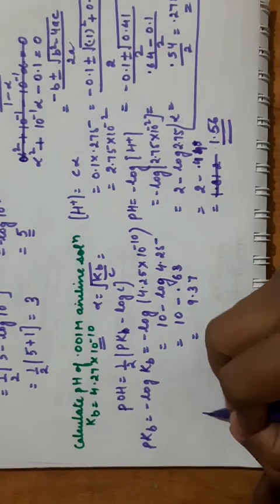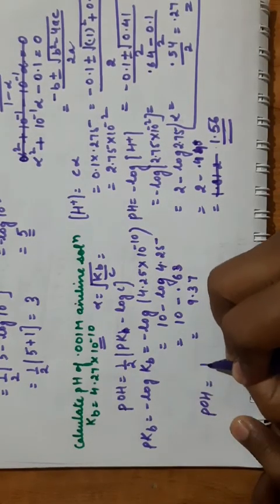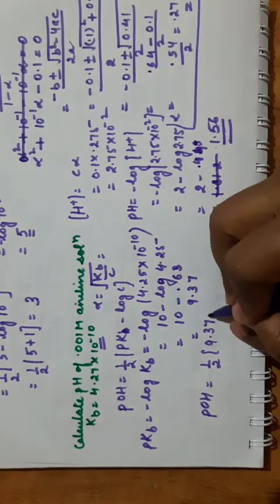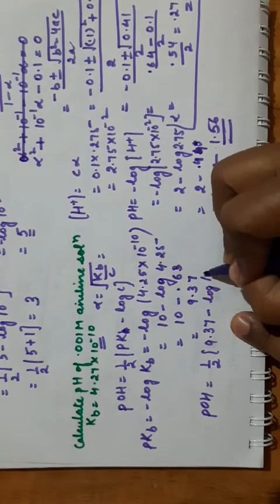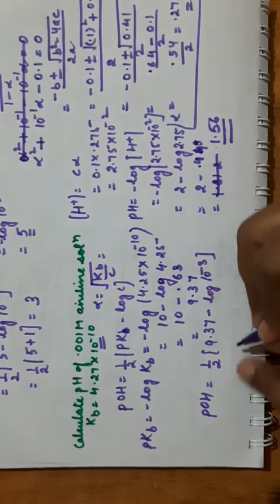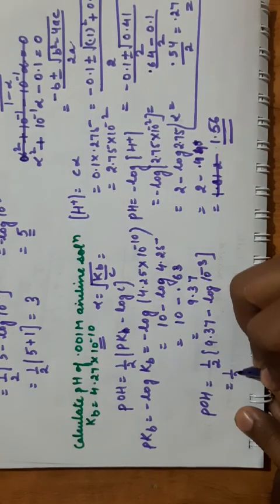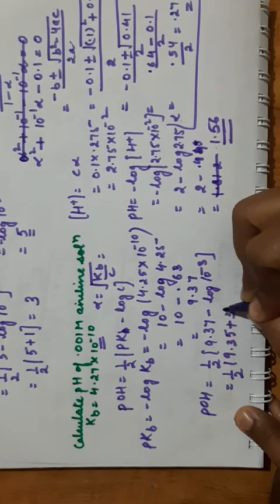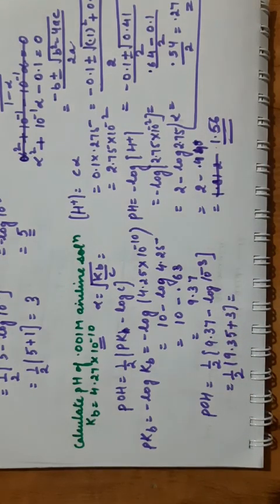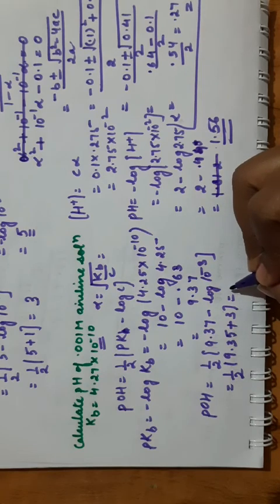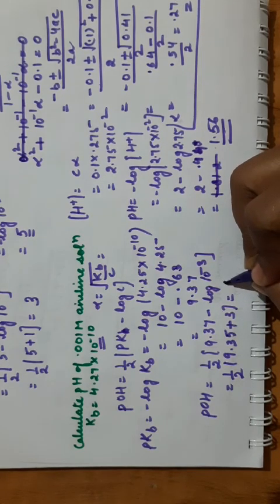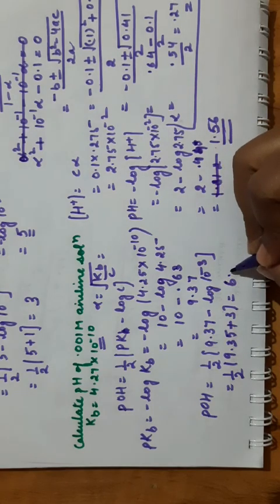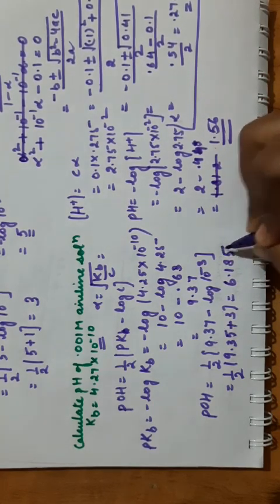So put the value here. pOH becomes half 9.37 minus log C. Minus log C is 10 power minus 3, so this will be 3. So the value becomes half 9.37 plus 3. So it becomes 12.37 and half of it will be equal to 6.185. This will be the answer.